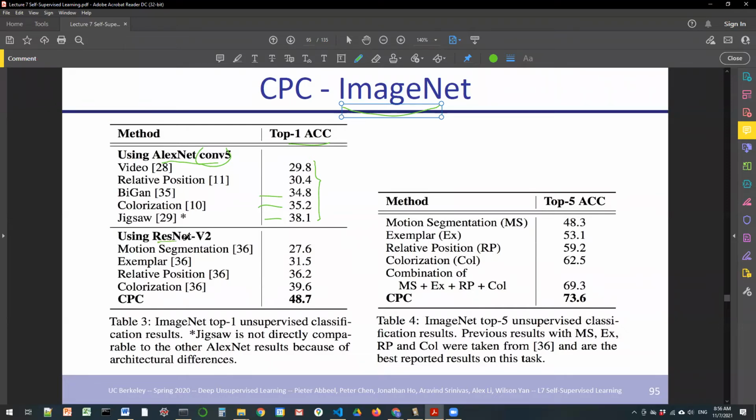Now, if we switch that to ResNet v2 and do the same thing, then at the time the CPC paper was published, this was a pretty good result. You get a top one accuracy of 48.7 and a top 5 accuracy of 73.6 on ImageNet.